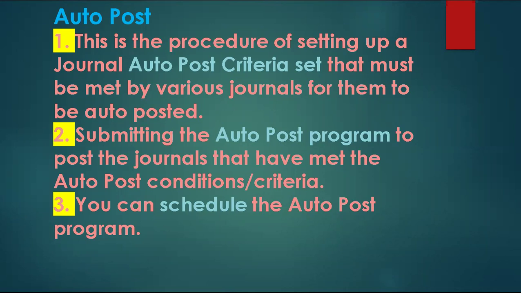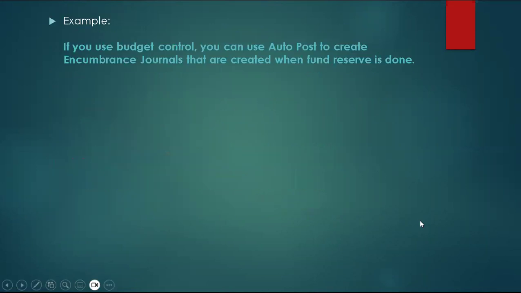One example of where Autopost applies is if you use budget control. You can use Autopost to create encumbrance journals that are created when fund reserve is done. When we are using budget control, we usually reserve funds, and through fund reservation we usually create some encumbrance journals.